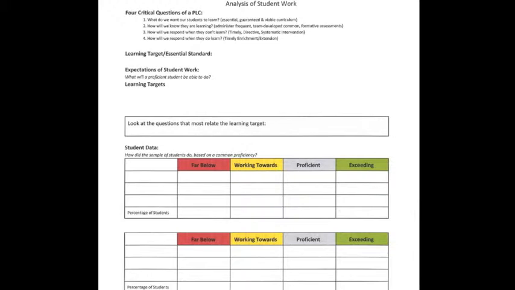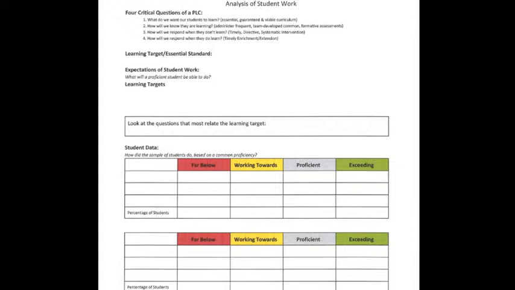Now, we do have two very similar analyzing student work protocols that you can look at. One is colorful and has a little more information regarding positive attributes of the student, and the other one is a little more detailed in the differentiation, but they're both very similar.